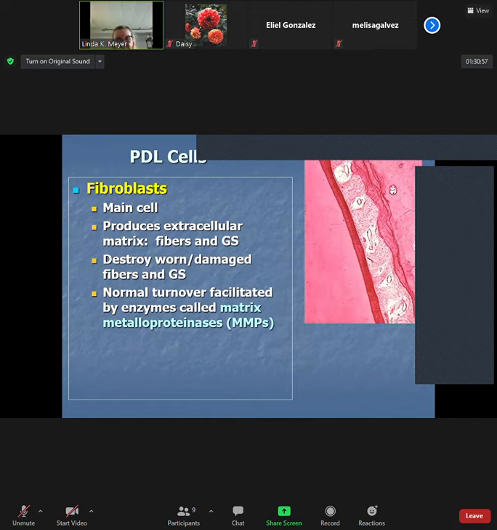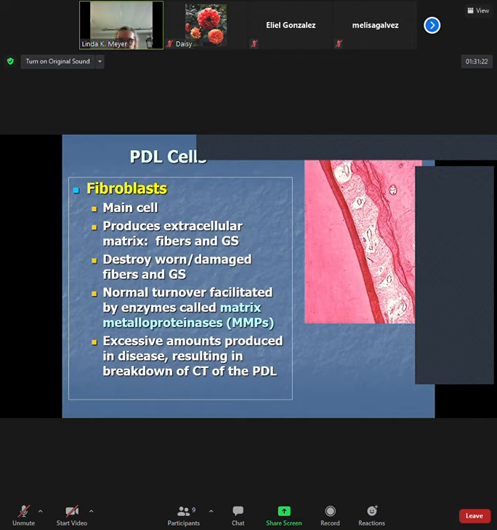They make those enzymes called matrix metalloproteinases, or MMPs, for the normal turnover. When disease hits the gingiva, when it hits the PDL, we see an increase in their production with a net destruction of connective tissue. Okay, we're going to see net destruction.